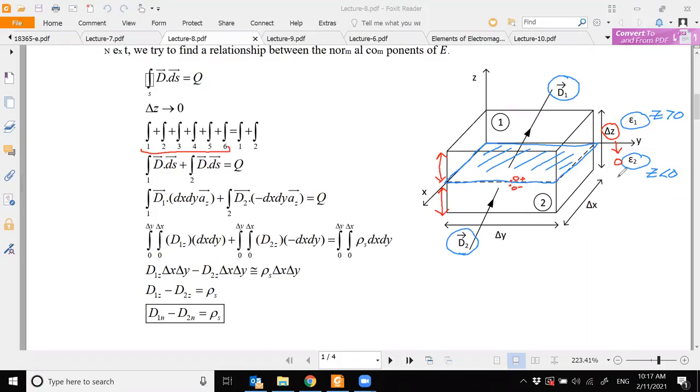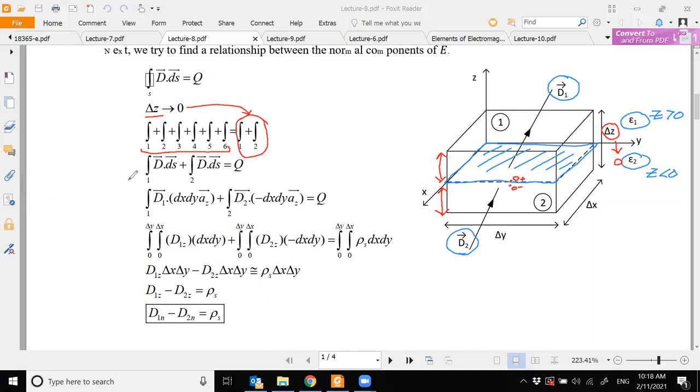When I allow delta z to go to 0, the contributions from the sides are all gone, because the side surfaces will almost be equal to 0. Therefore, the only 2 surfaces left are my top and my bottom surface. That's why when I make delta z tend to 0, I end up with only these 2 integrations, the top surface and the bottom surface.